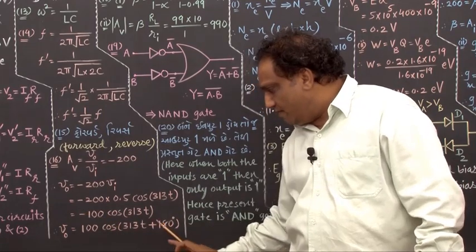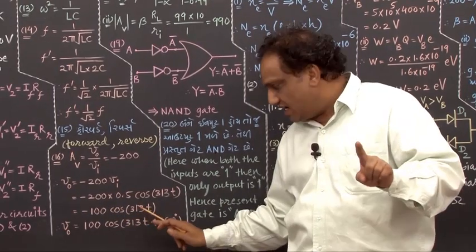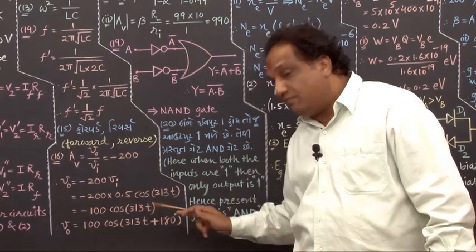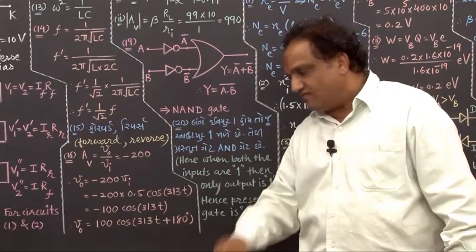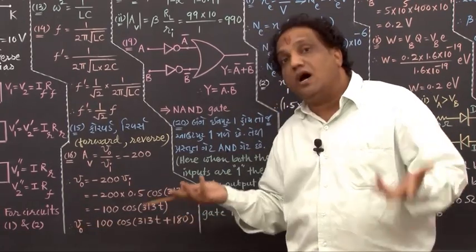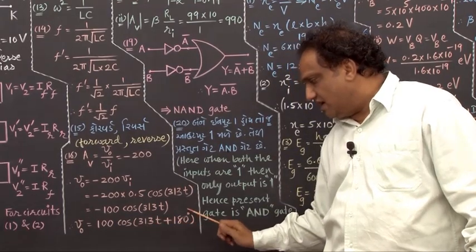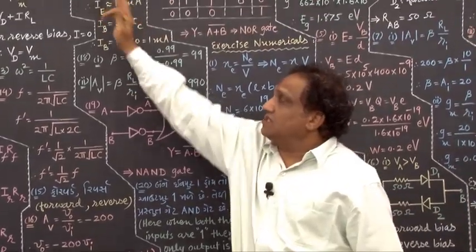And cos of pi plus theta is as good as minus cos theta. Instead of theta, right now it is 313 into t. So this is the expression for output voltage: 100 into cos of 313t plus 180 degree. Got it? Fine. Now read number 17.